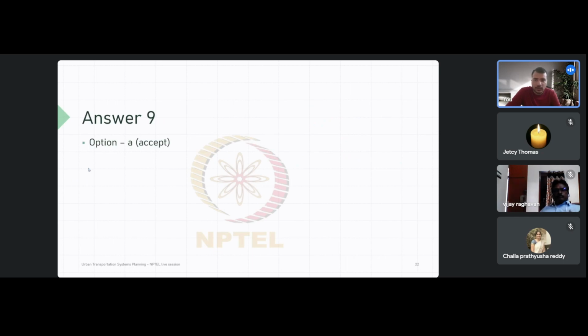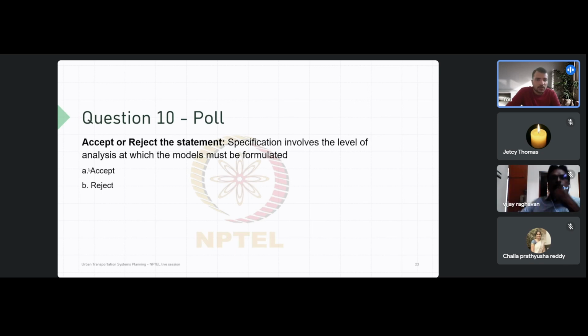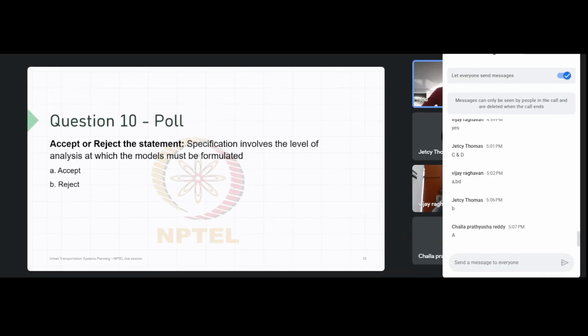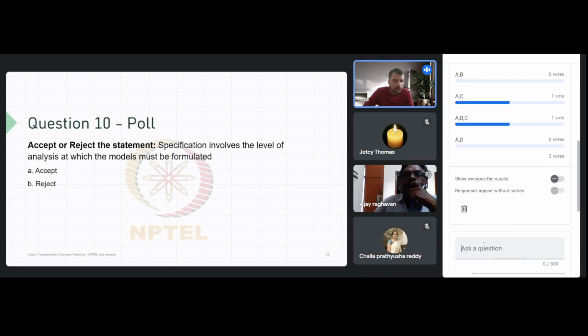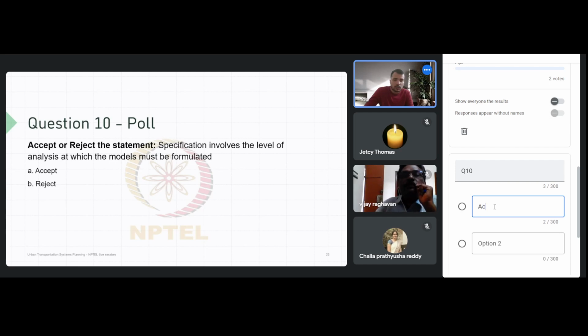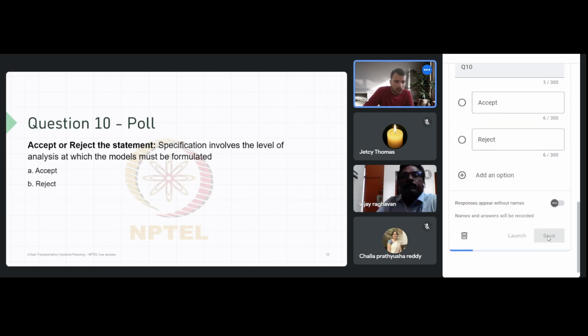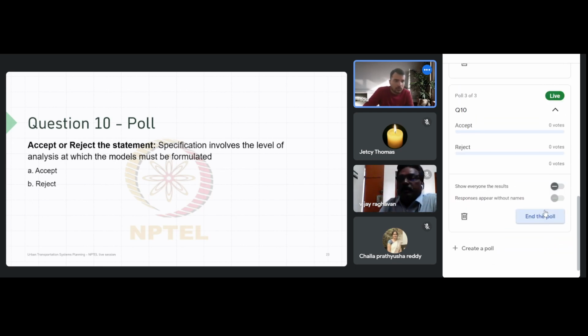Moving on to question 10. Specification involves the level of analysis at which the models must be formulated. You can respond in the chat. I'll just quickly drop a poll also. So this is question 10. Okay, I have launched the poll.